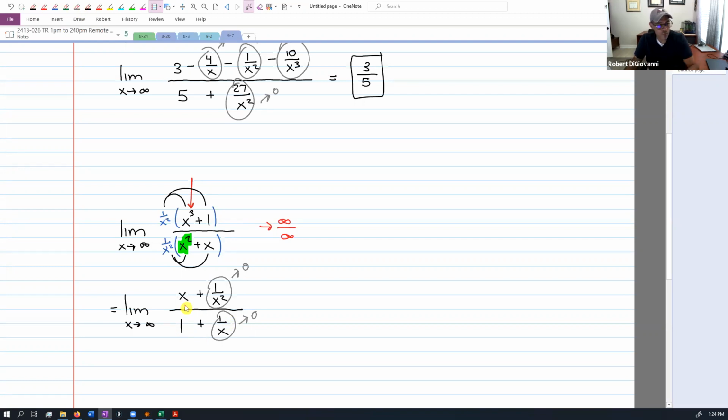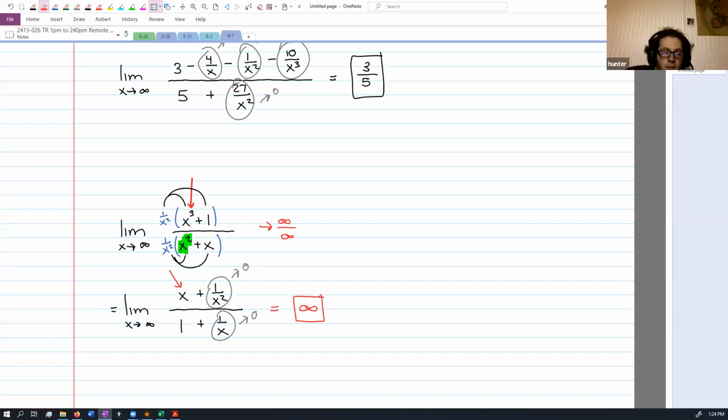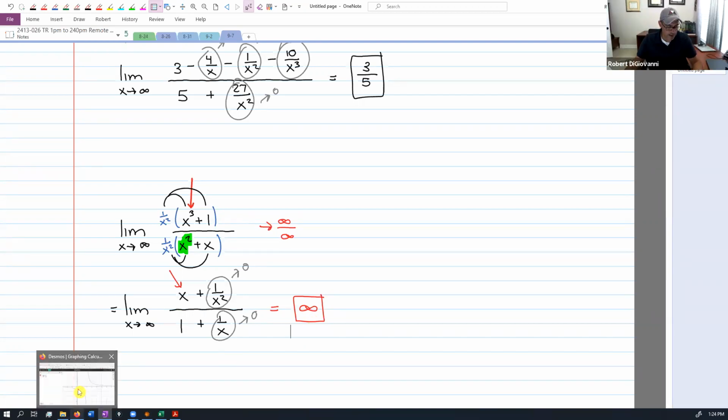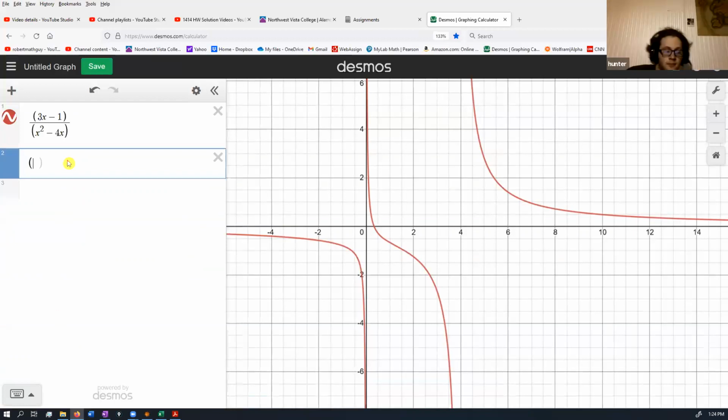But where's that numerator headed? Infinity. Infinity over 1, which means it's headed to infinity. Which means it's not headed to a horizontal asymptote. It's not flattening out to something. That means it's shooting off at probably a roughly 45-degree angle. Yep, it's headed out.